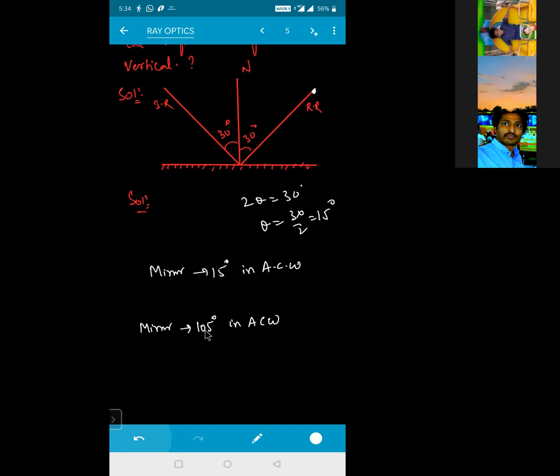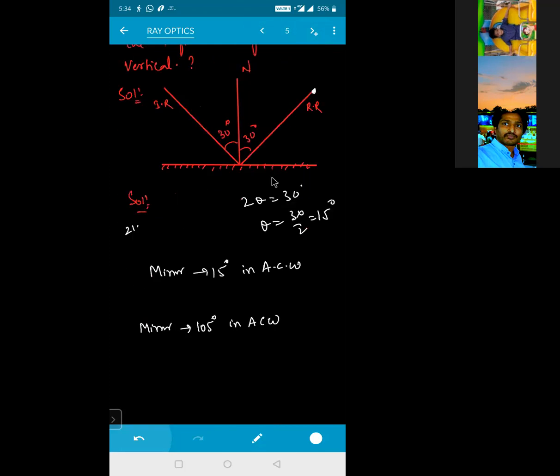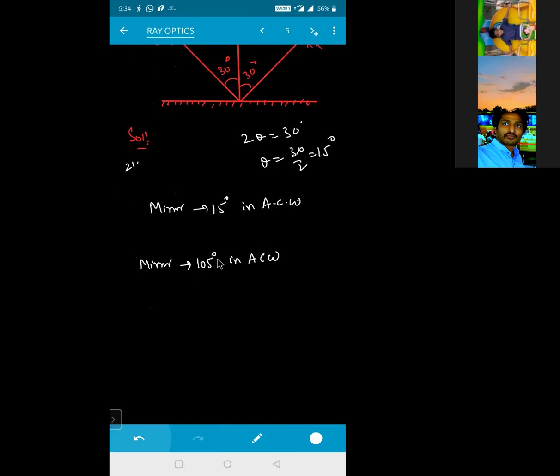If the mirror is rotating by 105 degrees, the reflected ray will rotate by how much angle? 210 degrees, in the anti-clockwise direction.